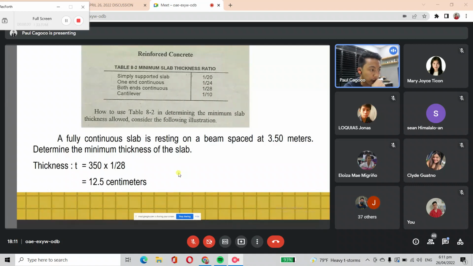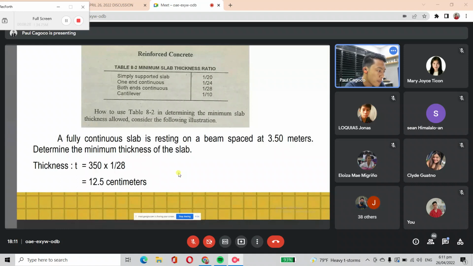So kini nga formula, it is used to determine kung unsa kabag-a ang imong slab nga gamiton. For a fully continuous slab resting on a beam spaced at 3.5 meters, determine the minimum thickness of the slab. So sa iyang problem is a fully continuous slab. So there is atong table for a fully continuous slab, which means both ends continuous, is 1/28.